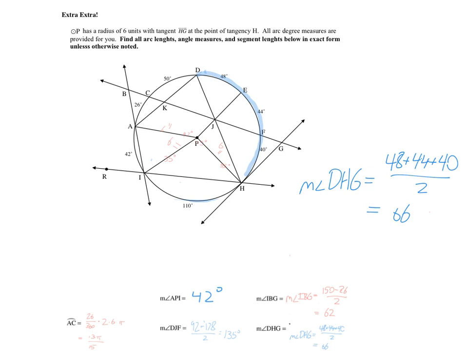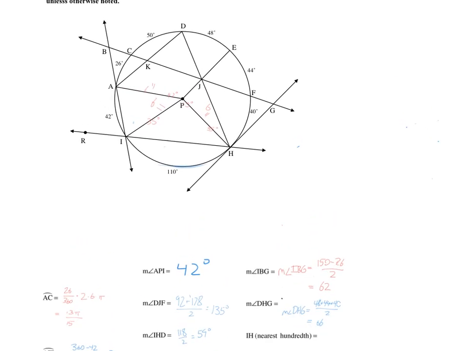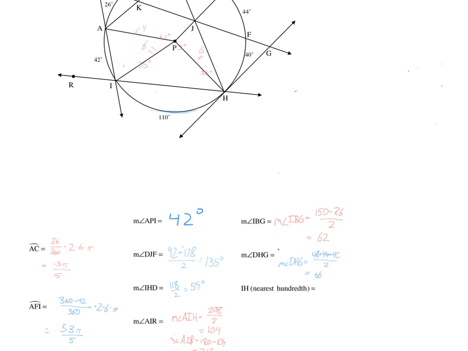I think we only got one more left. Uh-oh. It says round. So that means we may need to use approximate strategies in getting an answer for this one. IH, so the chord IH, to the nearest 100th. Well, that's that triangle we talked about at the beginning. We know the angles are 35. So we have a triangle that would look like this with 6, 6, 110, 35, 35.